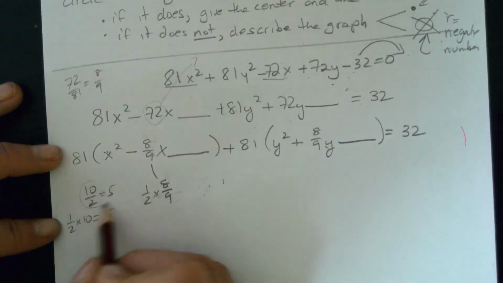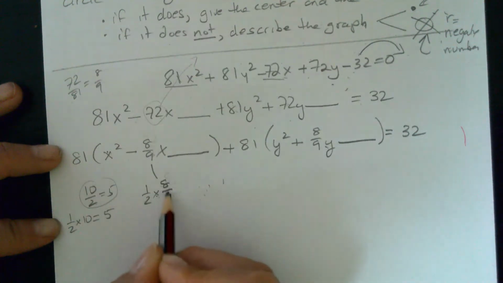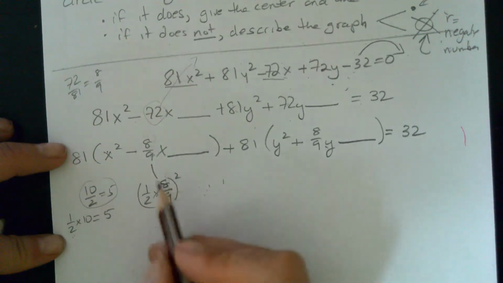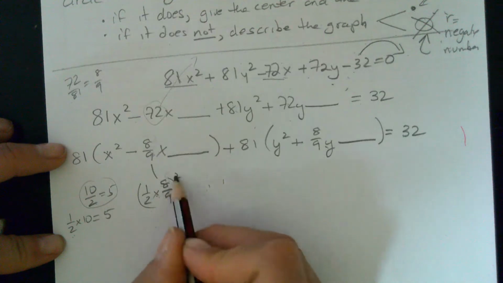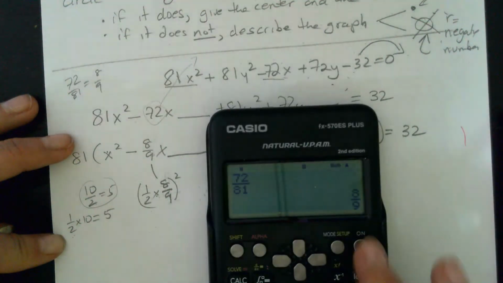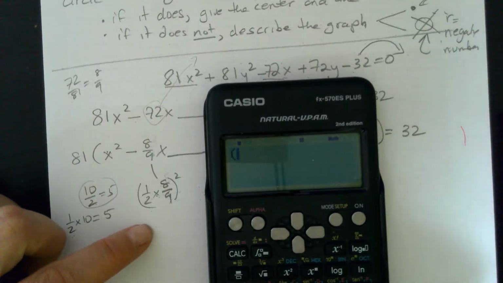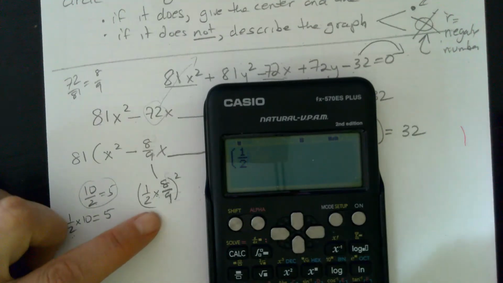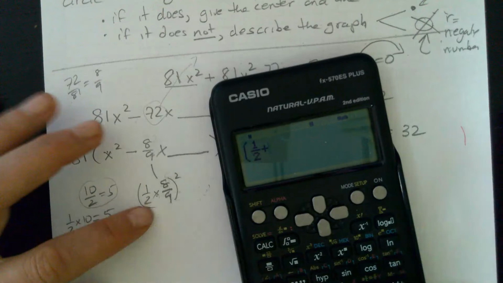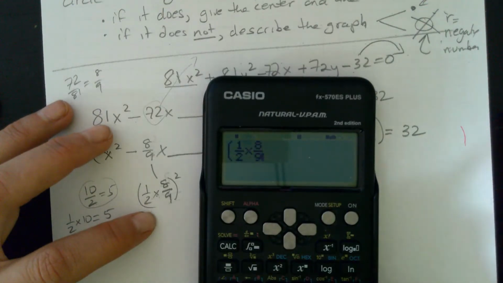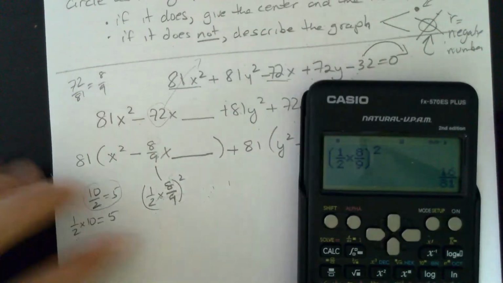So normally we write it this way, but because this is already a fraction, I'm going to write it this way. So I have to take half of this and square it, but it's a fraction, so I don't want to play with that. So I'm just going to go half times 8 over 9, bracket squared. 16 over 81.